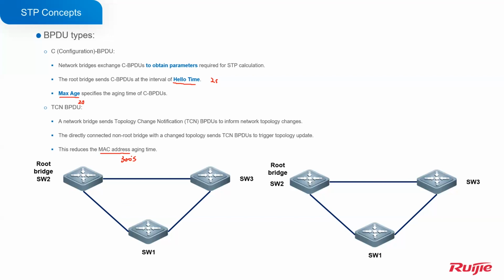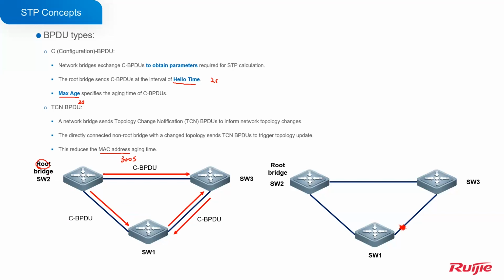Okay, this is about the BPDU types. Let's see this figure. Normally each switch will receive a BPDU and will send a BPDU. For example, the CBPDU is firstly generated by the root bridge, which is SW2 in this figure.